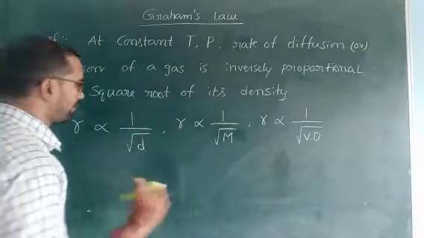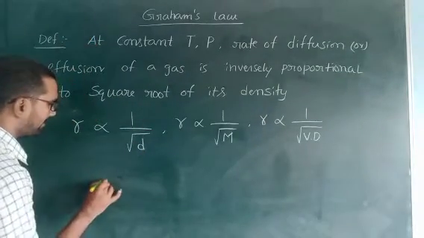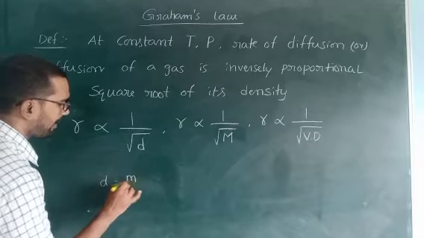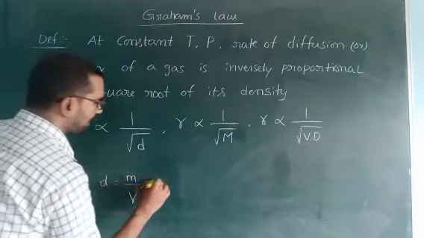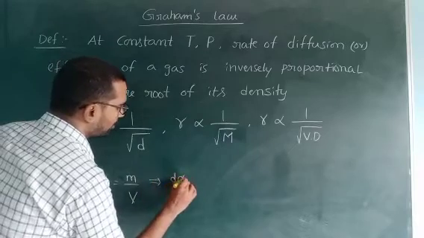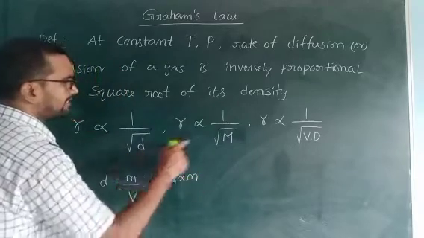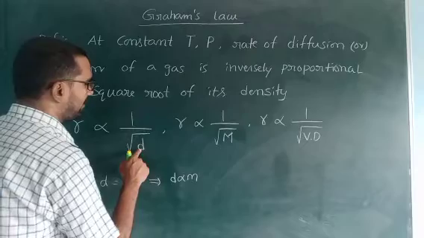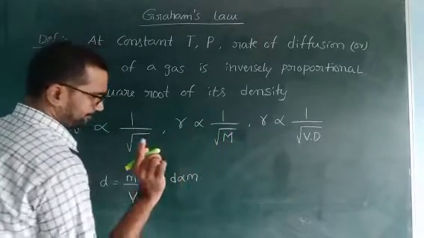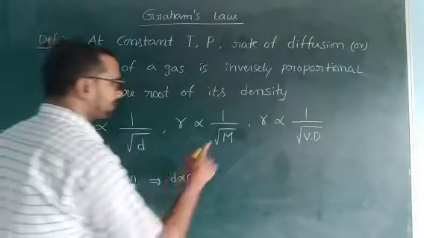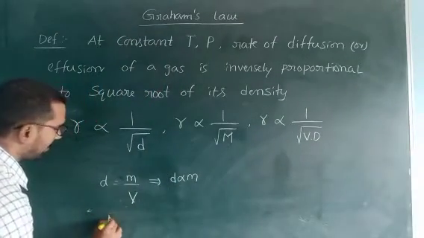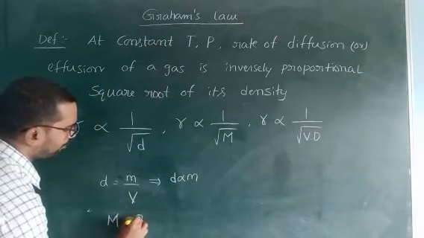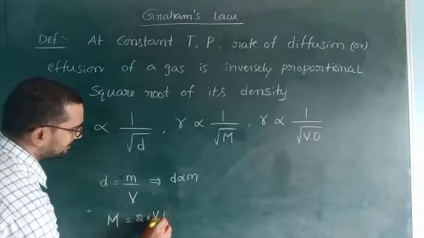Here remember one point, all of you. D means what? Density means mass by volume. So density and mass are directly proportional to each other. So D is directly proportional to M. That's why you can write D in place of M. And under this, what is the relation between molecular mass and vapor density? Molecular mass M is equal to 2 into vapor density.